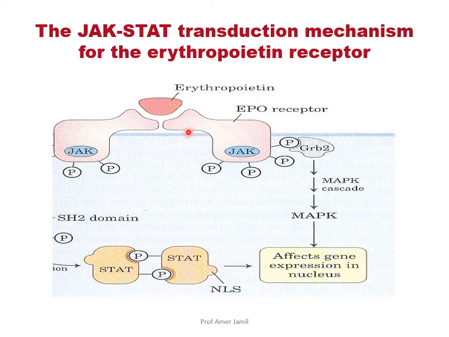It attracts the erythropoietin, and then there is a certain change, phosphorylation of the JAK protein, that takes place. Then a similar MAP kinase cascade is brought about, and different proteins follow this path, and finally it affects gene expression inside the nucleus in eukaryotic cells.